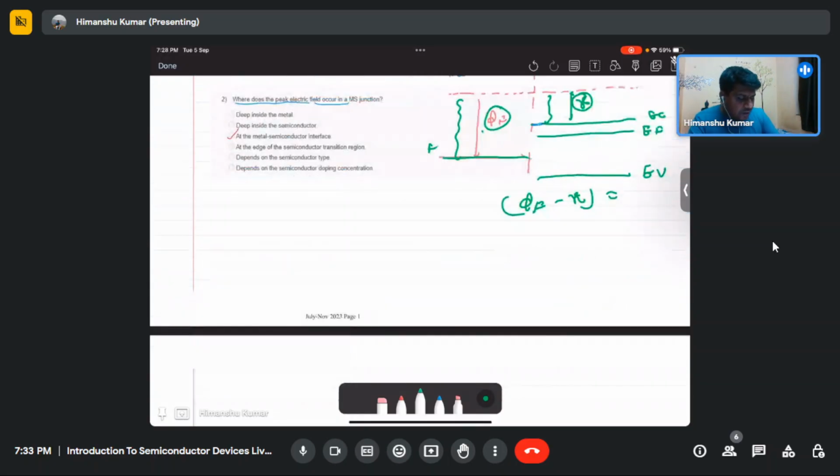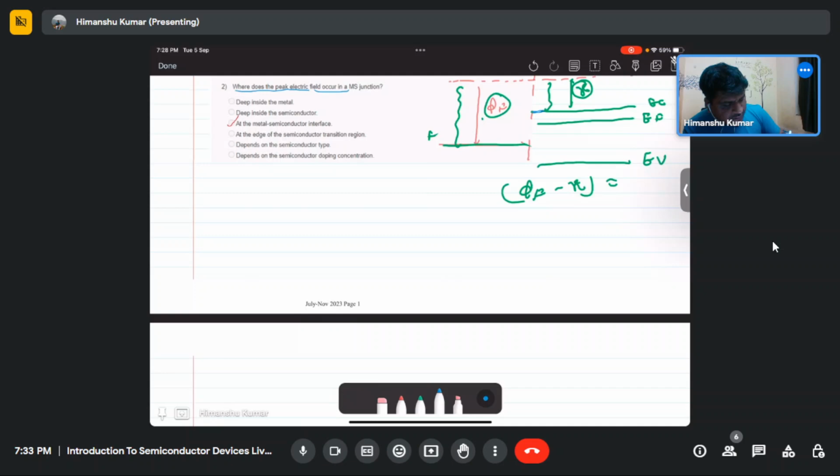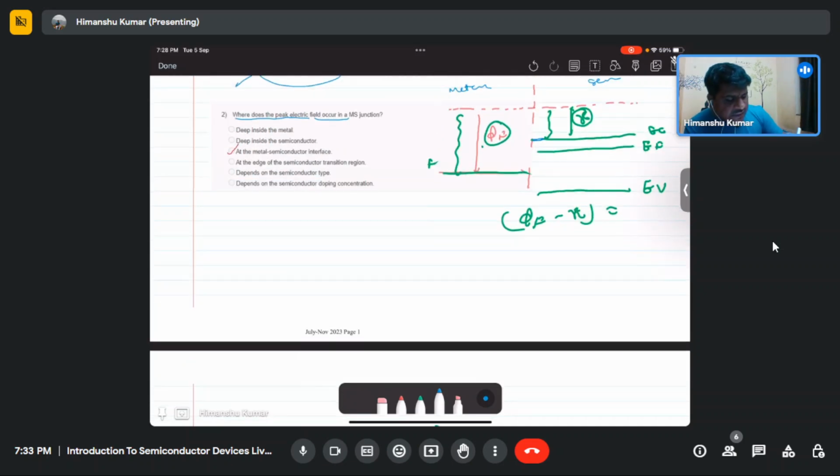Okay. Now if we draw the band diagram under equilibrium, what will happen? Since the electron Fermi level in this semiconductor is higher, there will be movement of electrons from the right side to the metal junction, and a depletion region will be formed because of that.